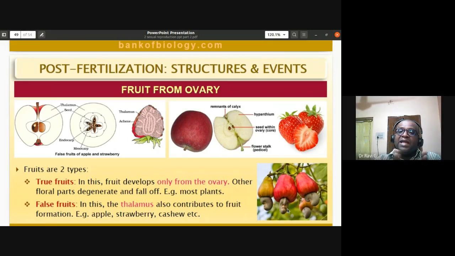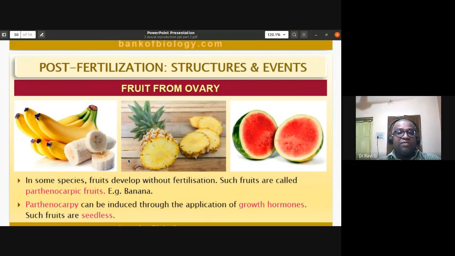Within that, they have the seed, that is the cotyledons, which we use as cashew nut. Okay, so this is the thalamus which we are eating even in case of cashew nut. The thalamus is what we are eating, and it contributes to the fruit formation, whereas the other things are all dry and not edible. Okay, so that is about the false fruits that you have to remember.